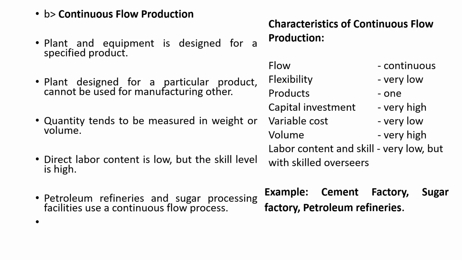Products which may be manufactured may be only one. A particular product may be produced using a continuous flow production. Capital investment is very high. Variable cost is very low. Volume is very, very high. Labor content and skill is low, but we need skilled overseers. Okay, so this completes our continuous flow production.